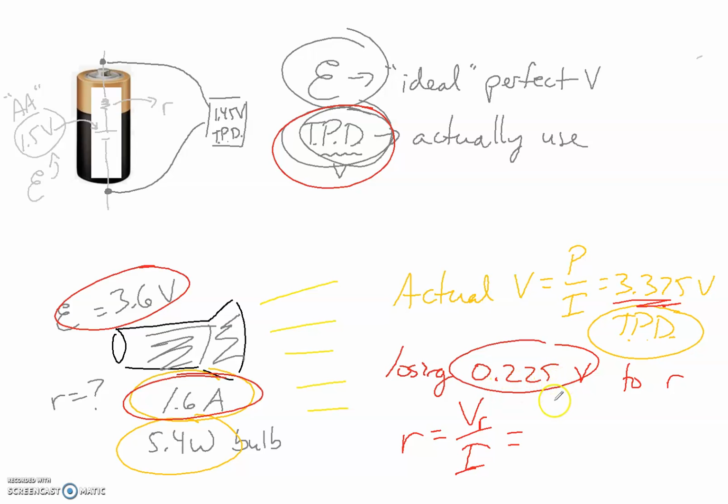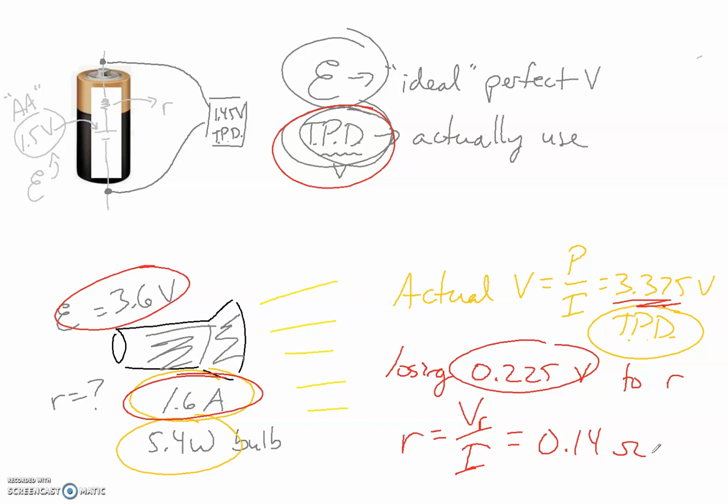So 0.225 volts divided by the current, and I get about 0.14 ohms of internal resistance. Of course, in a real system, that'd be the entire internal resistance for the wires and the cell and all of it put together. But that's the basic idea.